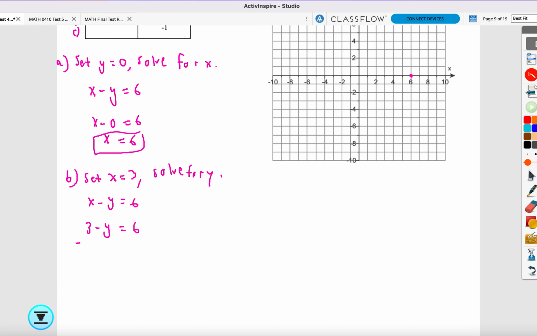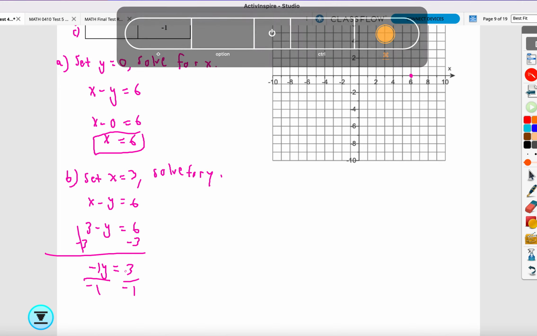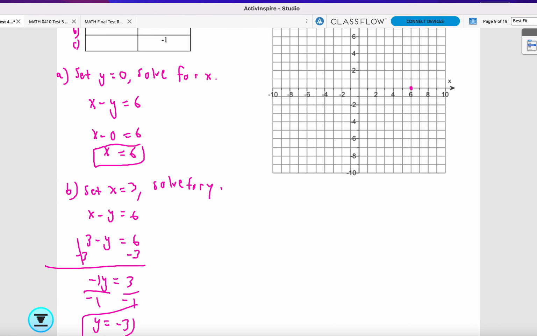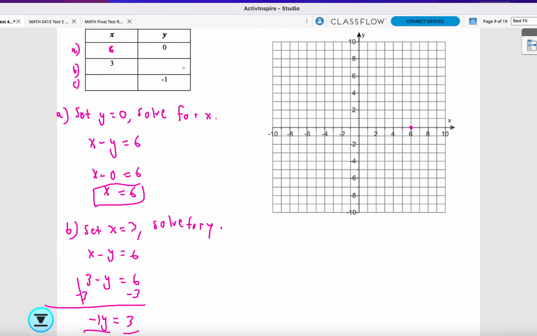We're going to move the 3 over, so subtract 3. So then we get negative Y equals positive 3. There's a negative 1 here that we're going to divide by. Anytime we divide by a negative, the sign flips. So positive 3 becomes a negative 3. So then fill in the table. When X is 3, Y is negative 1.